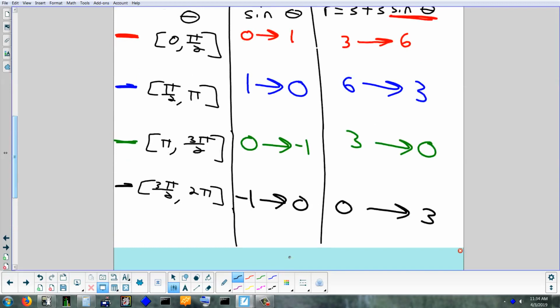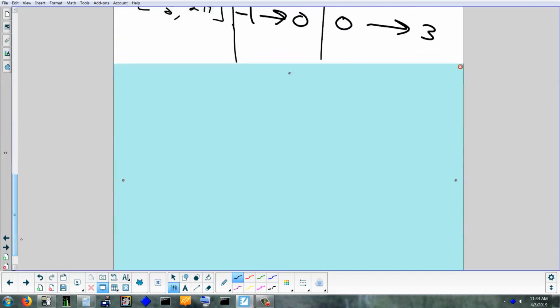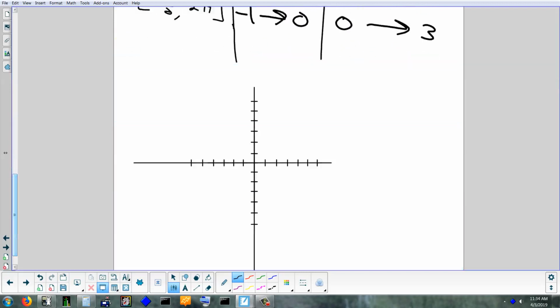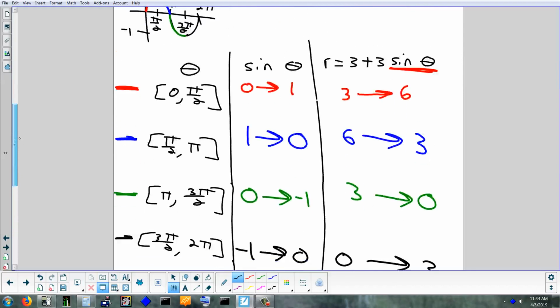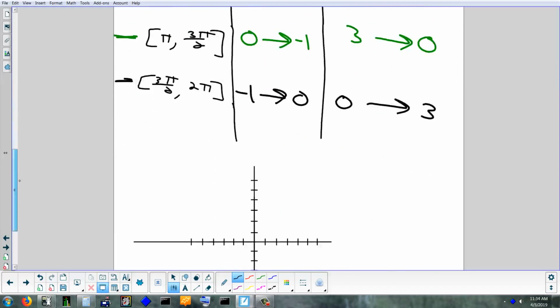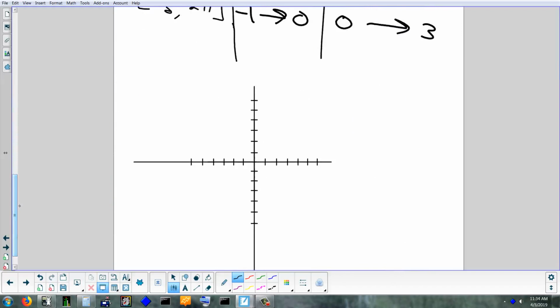All right, so let's see if we can make a sketch. I could put circles on that if I wanted to. I don't think that looks confusing.